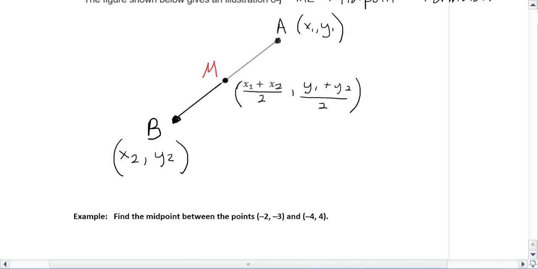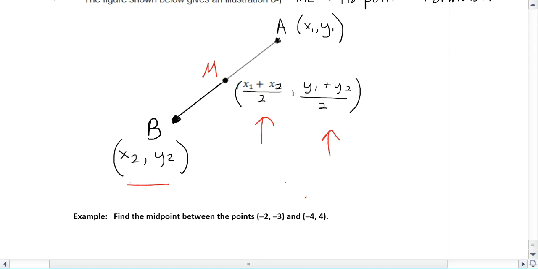I'll label it M. So you can see that x1, y1 is one of the endpoints, x2, y2 is the other endpoint, and you simply average the x's to get the x coordinate of the midpoint and average the y's to get the y coordinate of the midpoint.